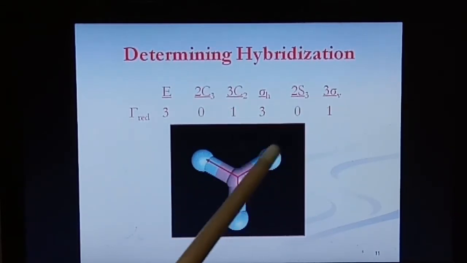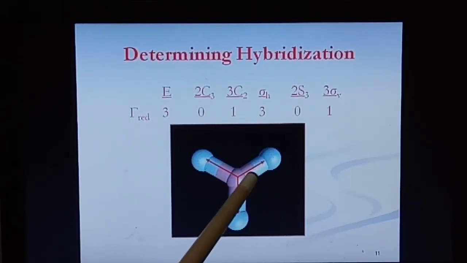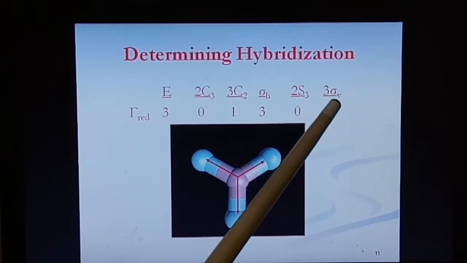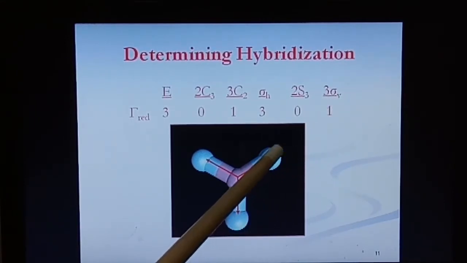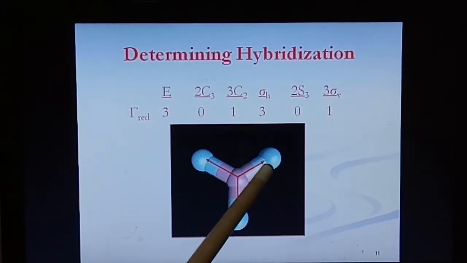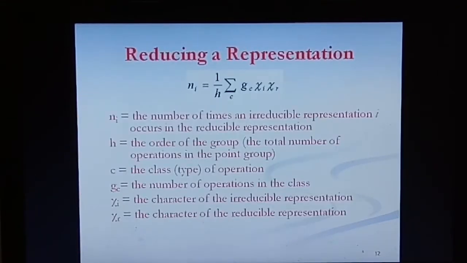Sigma h, the plane of the molecule: in this operation all the 3 sigma bonds are at their original place, so it is 3. In S3 it will be 0. Sigma v, the plane passing through this: one sigma bond is not moved and 2 are moved, so it is 1.